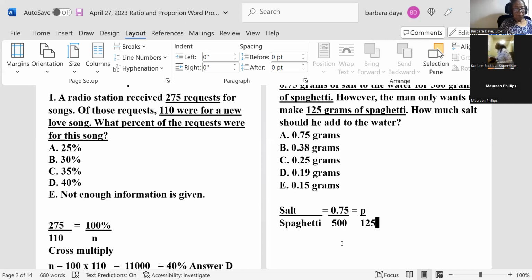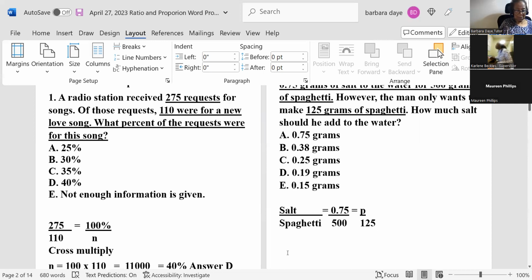You divide it. That's right. You divide it by what, Maureen? 500. So what's your answer? I get 0.1875. So what is the answer? A, B, C, D, or E? D. That's correct. Very good.